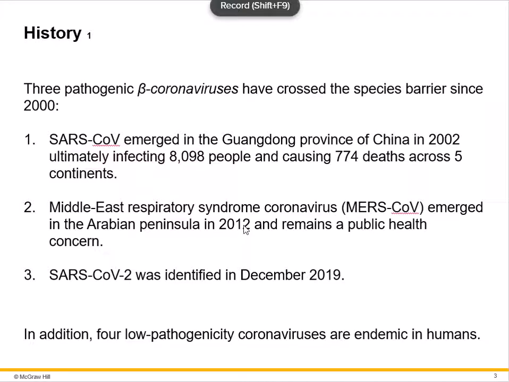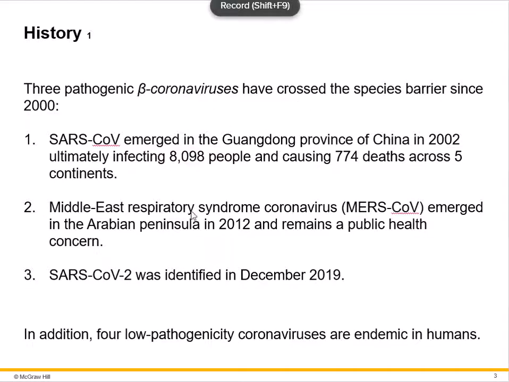Very high mortality rate as well. And SARS-CoV-2 was first identified in 2019. So 3 coronaviruses had made the jump from the animal host into humans in the past 20 years.